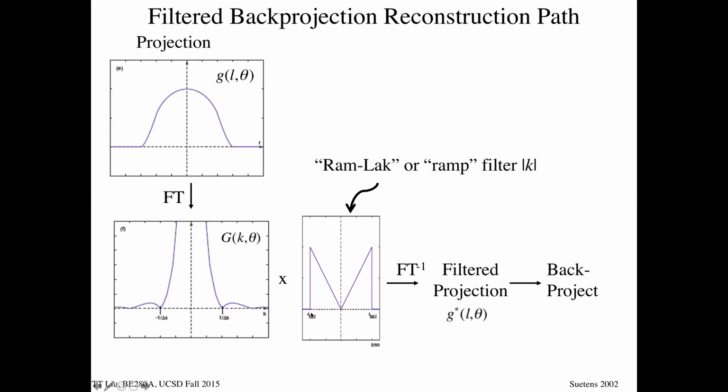So I do that multiplication, take the inverse Fourier transform of that product. That gives me G star L theta, and I back project those. So this is the magical step. This is the step that's going to fix our issues of having blurry objects and everything.